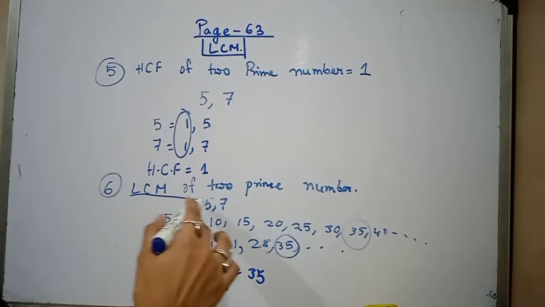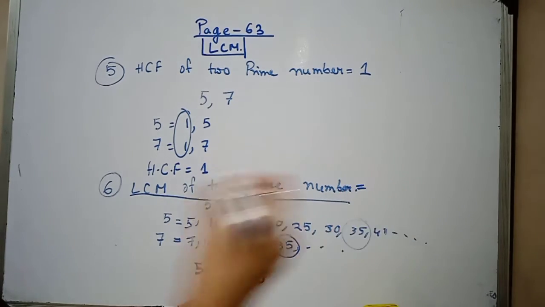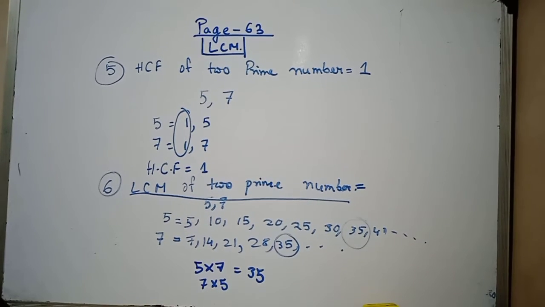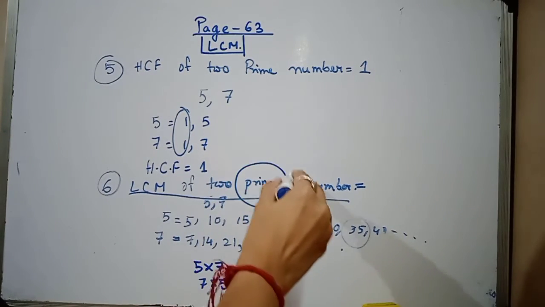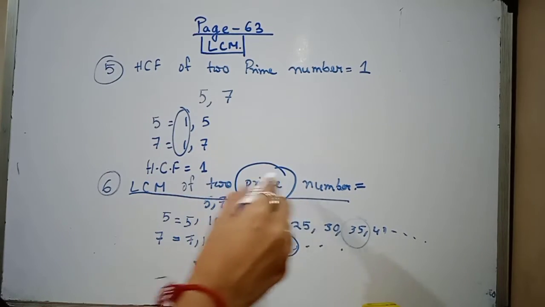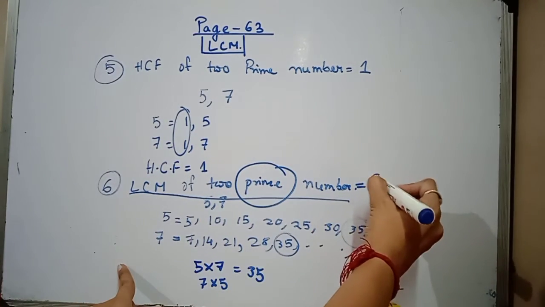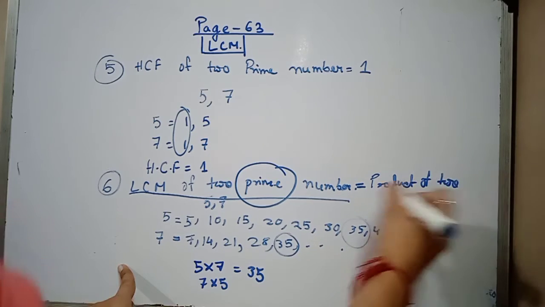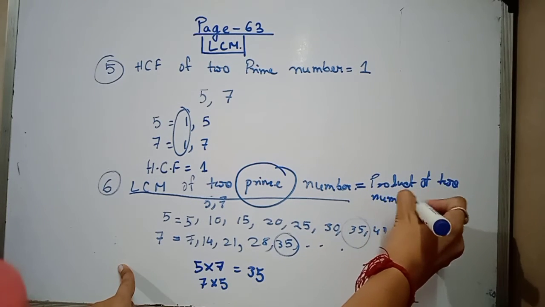So the LCM of two prime numbers is always the product of the two numbers. Don't get confused with the relation between HCF and LCM and the product of two numbers. Be careful that we are finding it for two prime numbers. The LCM of two prime numbers is the product of the two numbers.